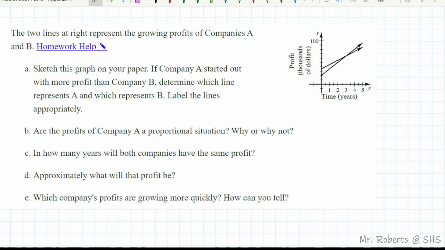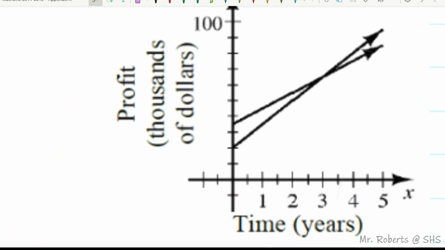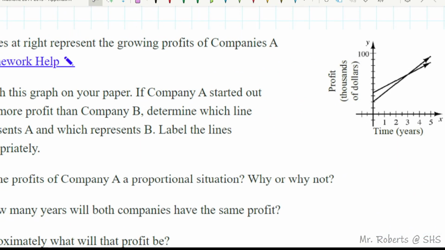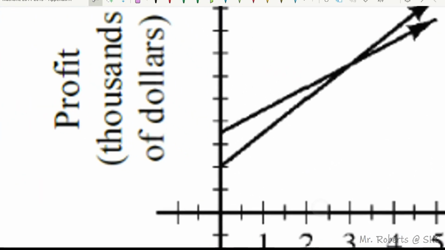It says, the 2 lines at right represent the growing profits of company A and company B. Sketch this graph on paper. If company A started out with more profits than company B, determine which line represents A and which line represents B. Okay, so if company A started out with more profits, starting out is here.